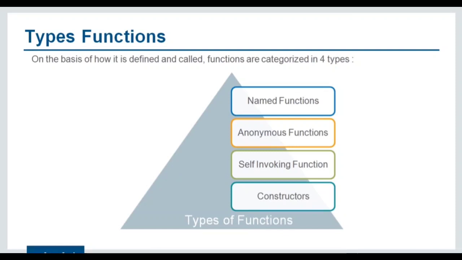Calling is nothing but invoking a function. So the function which calls itself is called a self-invoking function. And finally are your constructors. If you're well versed with other object-oriented languages like Java, you would understand what exactly constructors are. Okay, so we will see each one of these categories in detail.